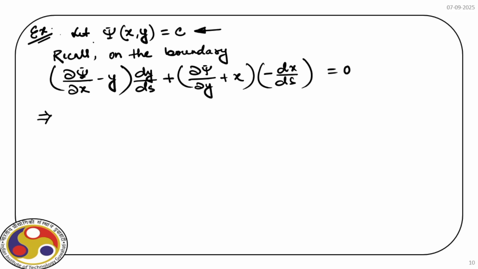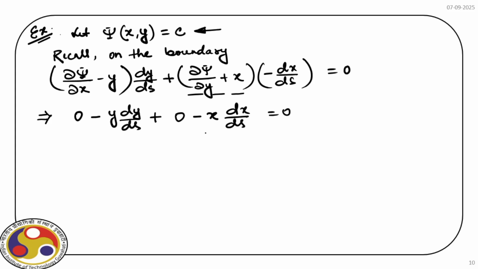The first term will be 0 minus y dy ds plus, again we have the first term here in the second term, the first term, the differential of psi with respect to y, is 0. Then we have minus x dx ds.